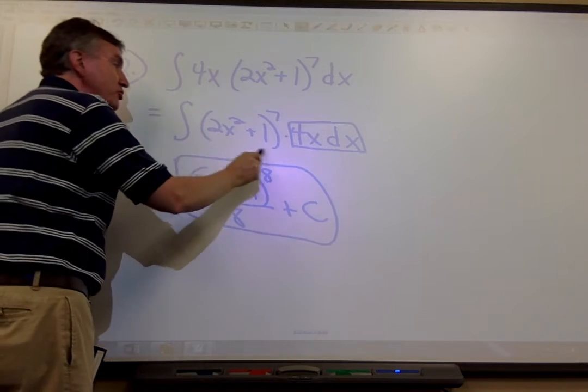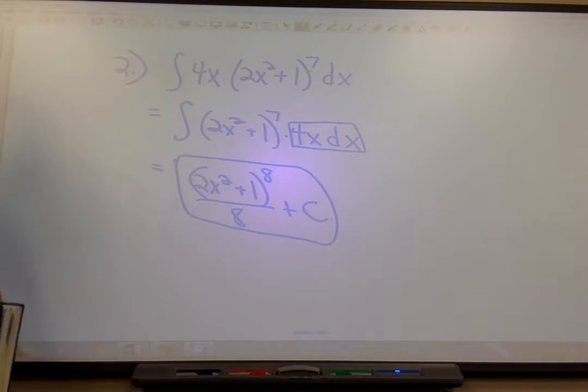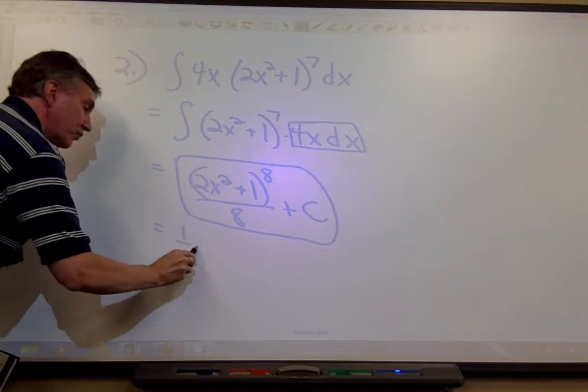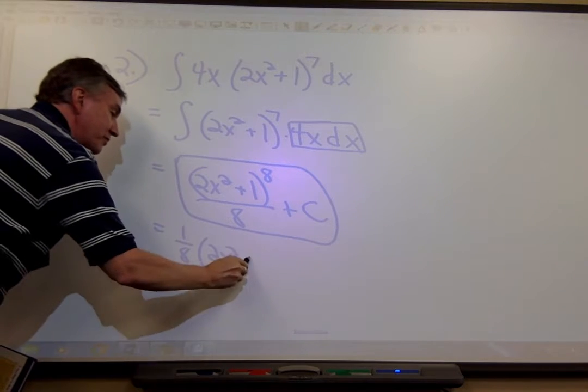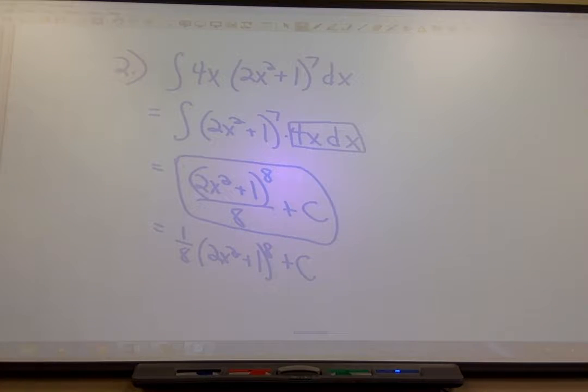As long as you know your outer and your derivative of inner, go for it. And there's not a difference between putting your 8 in the denominator than putting 1/8 to the side, correct? 2x squared plus 1 to the 8th over 8 is exactly the same. All right, very good. How about number 8? I want to see if you can get this one.